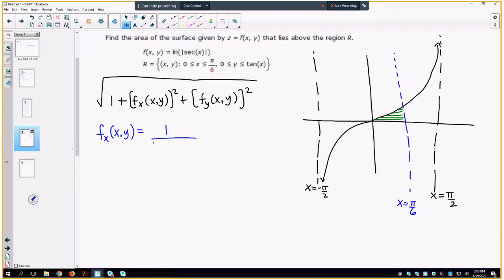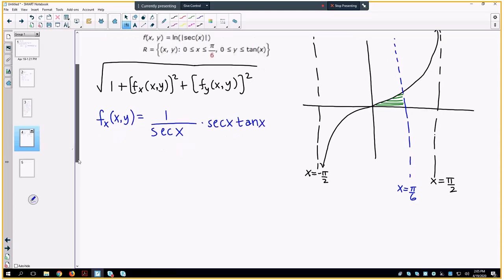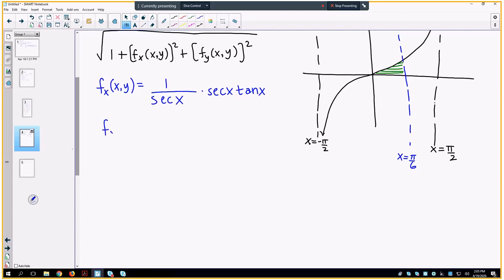I'm going to drop the absolute value because I know that between 0 and pi over 6, secant of x is positive. Then the chain rule tells me I'll have to multiply by the derivative of secant of x, which is secant x tangent x. So when I simplify, I get that the first partial with respect to x is just tangent of x. And as I said, first partial with respect to y is 0.